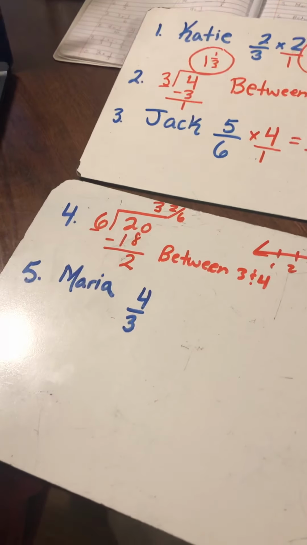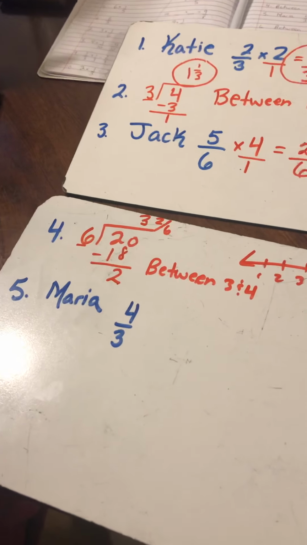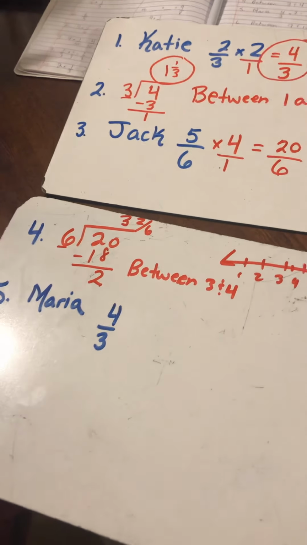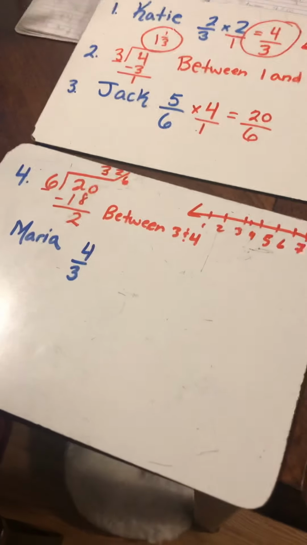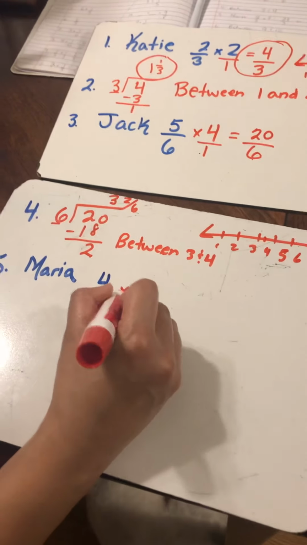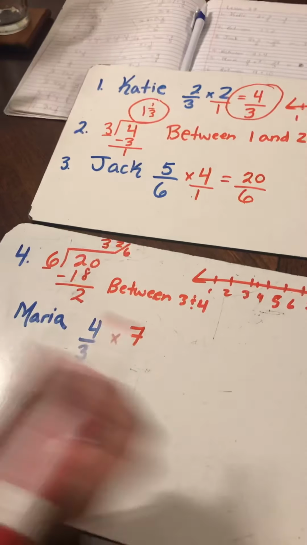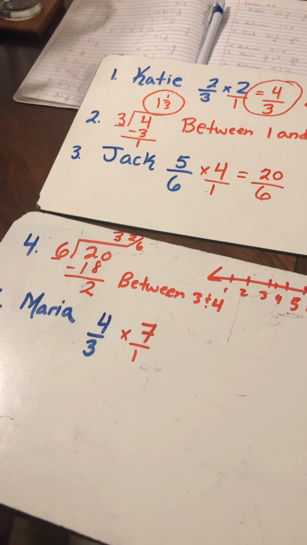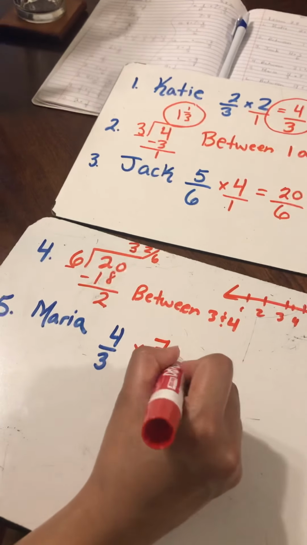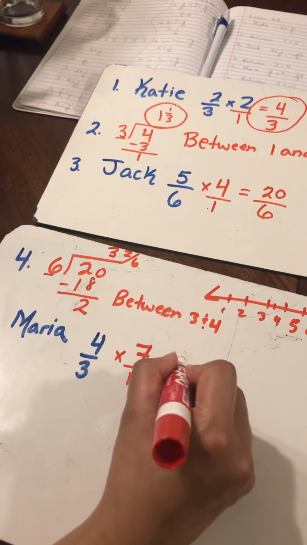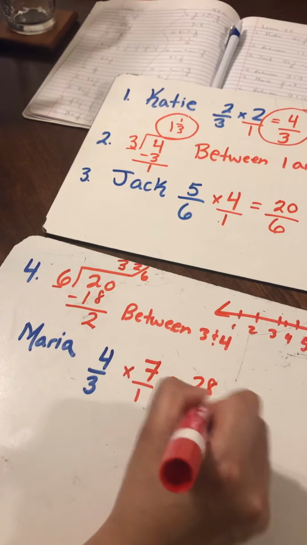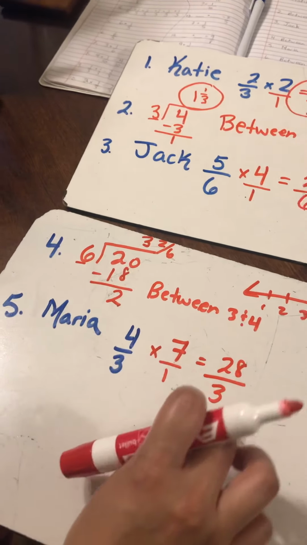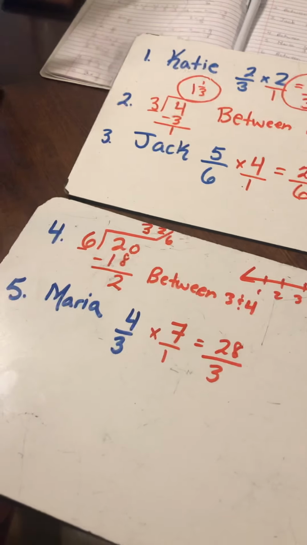Okay, Maria walked 4/3 of a mile. How long will she walk after 7 meetings? Okay, so here's 4/3 times 7. I put a 1 underneath my whole number. I multiply my numerators. 4 times 7 is 28. And 3 times 1 is 3. And what numbers is this in between?